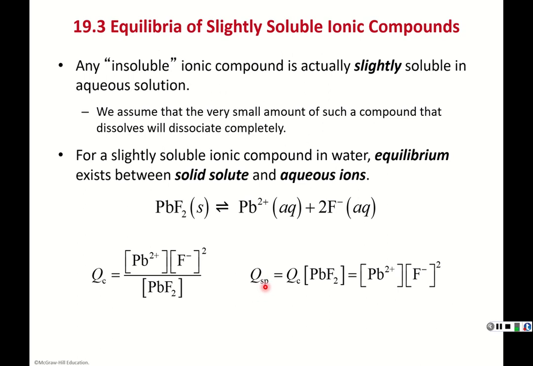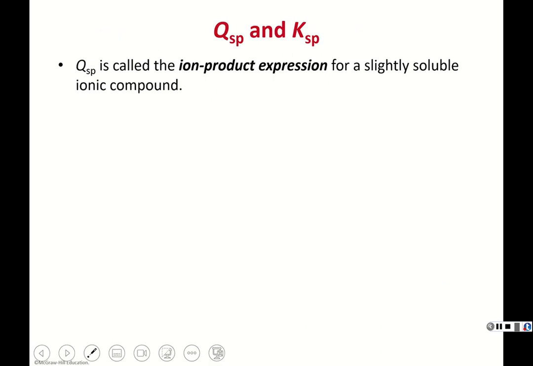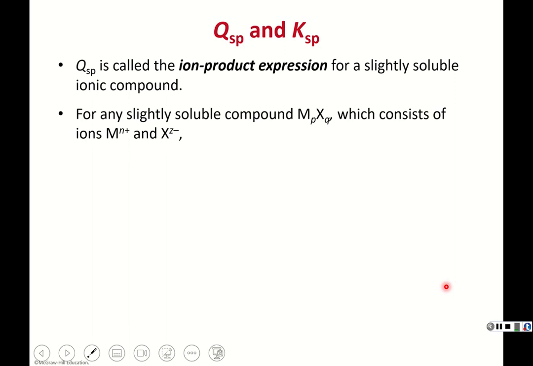Okay, so the solubility product is going to be, if we break this up, the Qc times PbF2 for the solid, which would just be our products that are dissolved into solution. Okay. Qsp is the ion product expression or solubility product expression for any ionic compound.